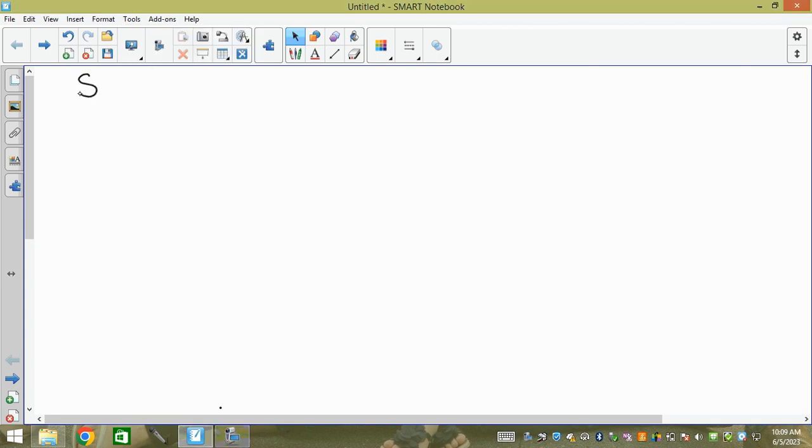Okay, so we're going through all the solving types from logs and exponentials. So the first one is like this. I'm not going to tell you how to do all of these right now, I will after.